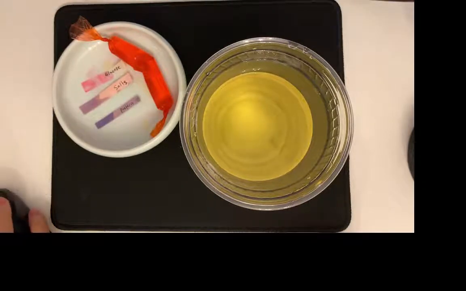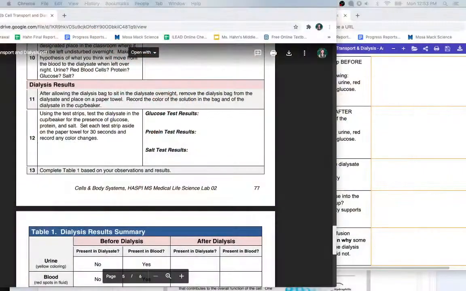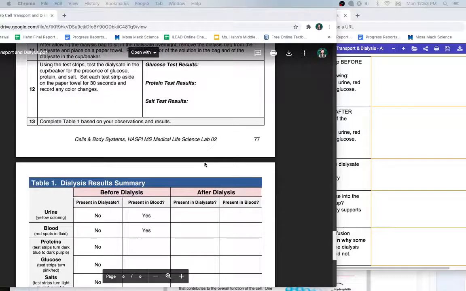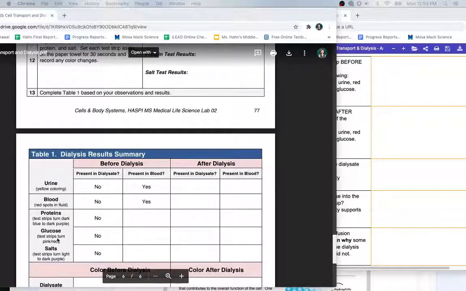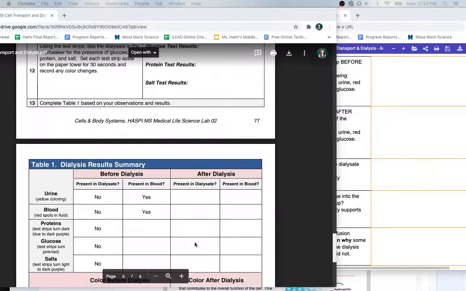I might have to doctor up these results a little bit, but the glucose, it did turn pink. It did turn pink, and if you remember, pink is a positive, so it will turn pink or red.